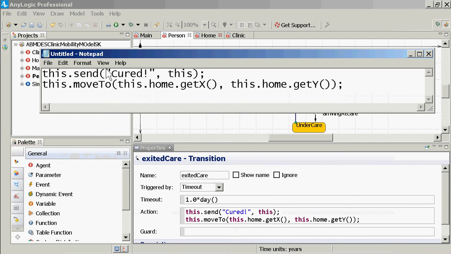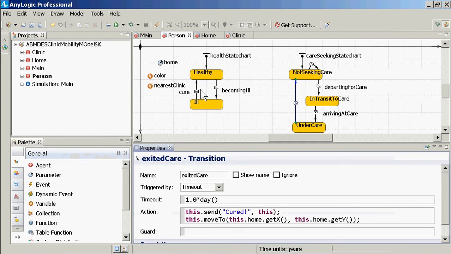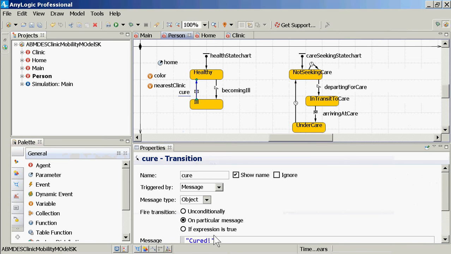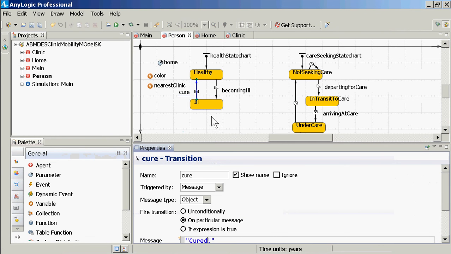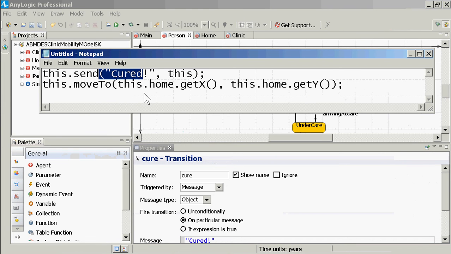I send myself a message that says I'm cured, and guess what handles that message? It's this guy here. Because I'm in the ill state, it knows that if I get a cured message while I'm in the ill state, I become healthy. And then I move myself to my home position. I start myself moving towards it, and I transition back to a not seeking care state. Does that make sense? Yeah.